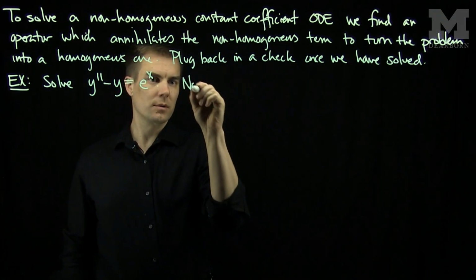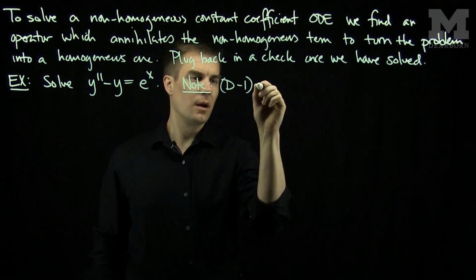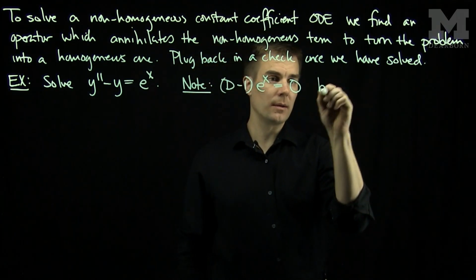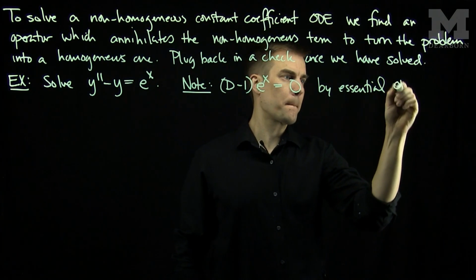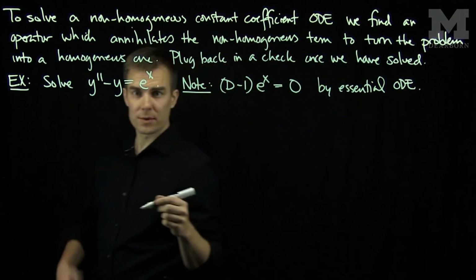We note d minus 1 applied to e to the x is 0 by our essential ODE. So we will apply d minus 1 to both sides of the equation.